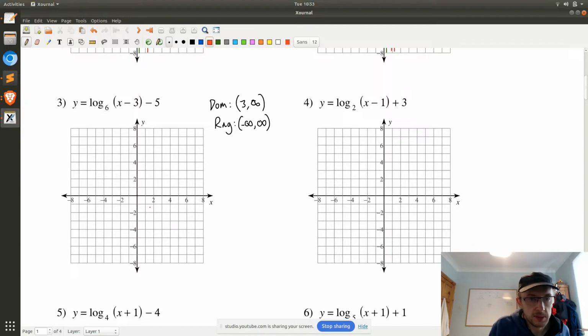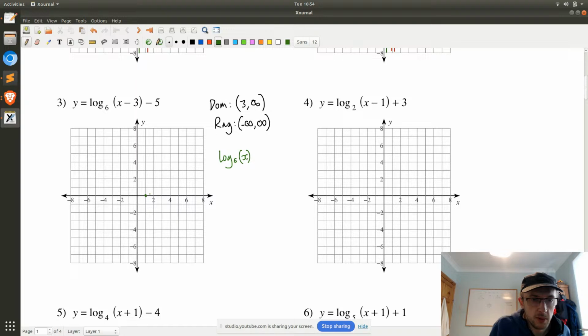And here I'll just plot it directly. So we know that log base 6 passes through 1, but here the effect of the negative 3 translates it to the right by 3, and then down by 5. So green will be just log base 6 of x. The points on log base 6 of x.